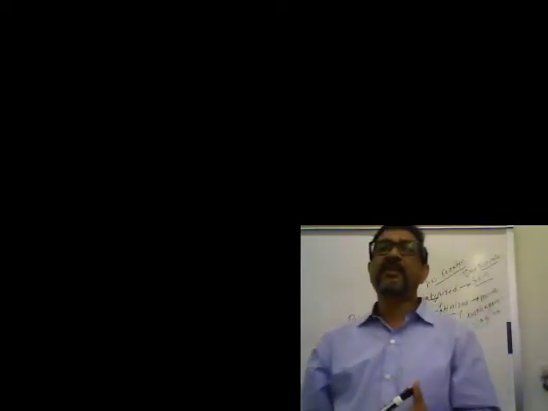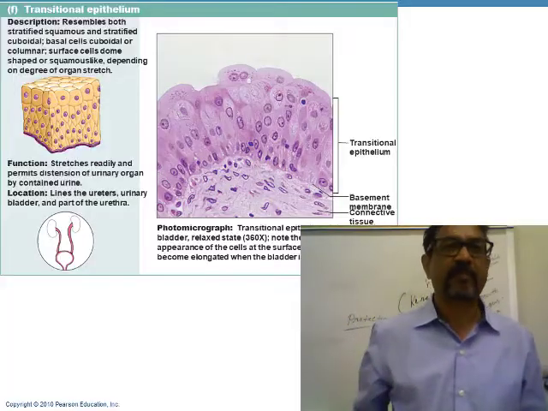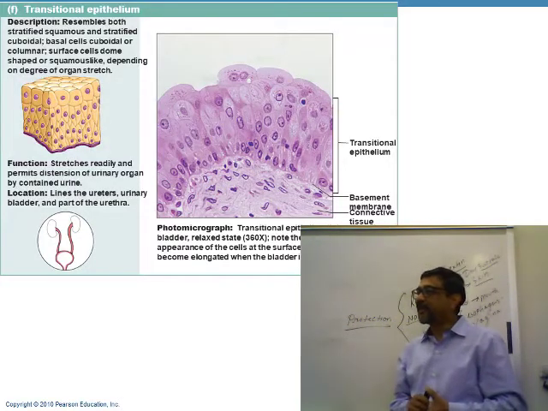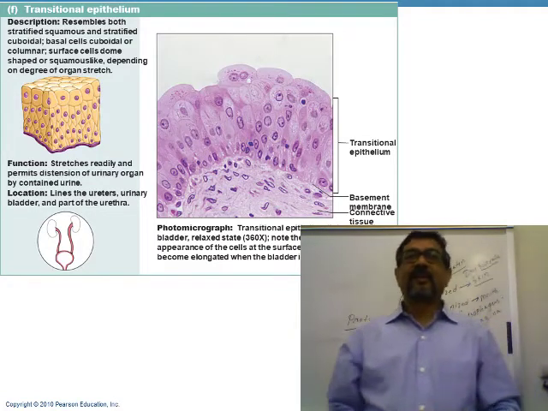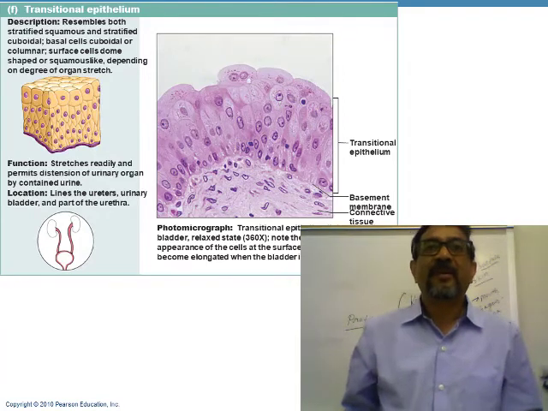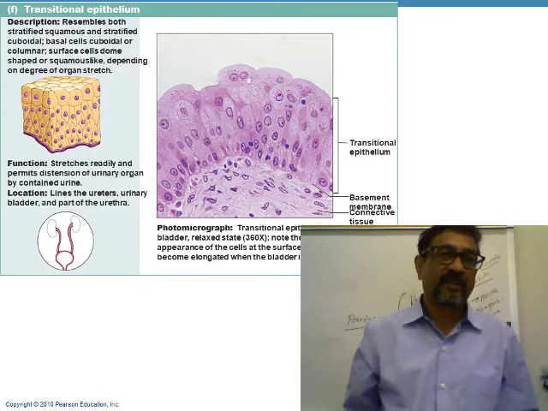Transitional epithelial cells change their shape. Now, where will you find the transitional? Inside the urinary bladder, inside the ureters.